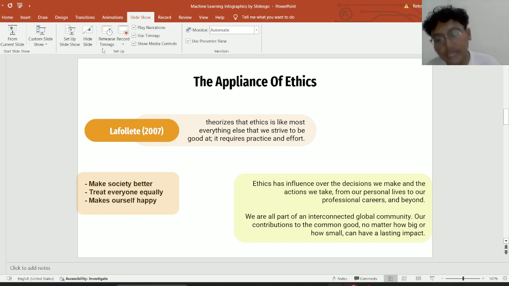The results are always good because we contribute to the common good, so the lasting impact is good. Some of the results are that we make society better. By contributing and helping each other, we make society better. The second one is we treat everyone equally.